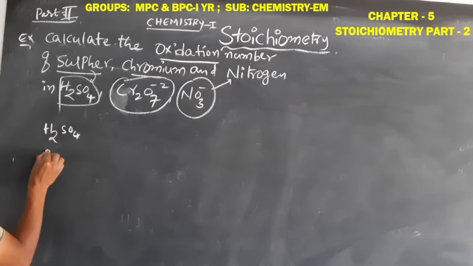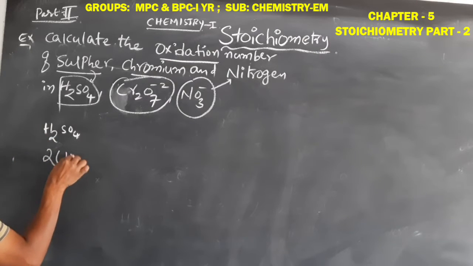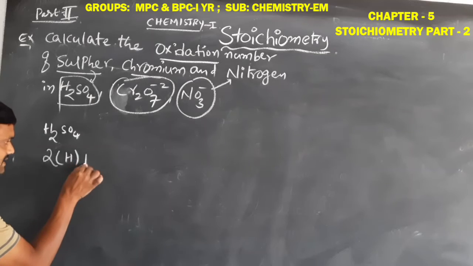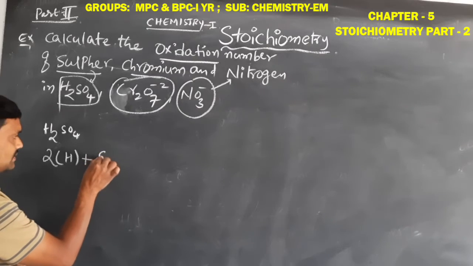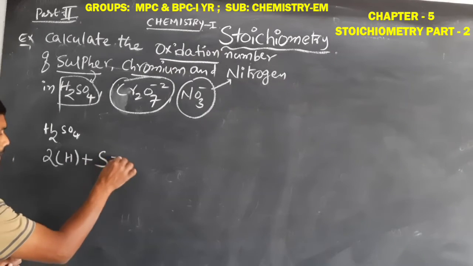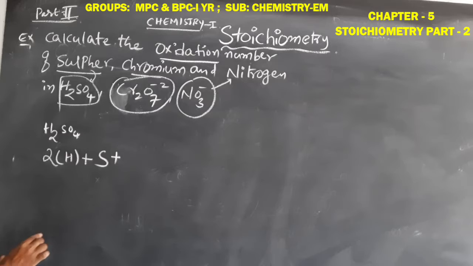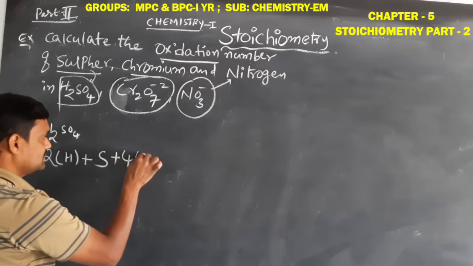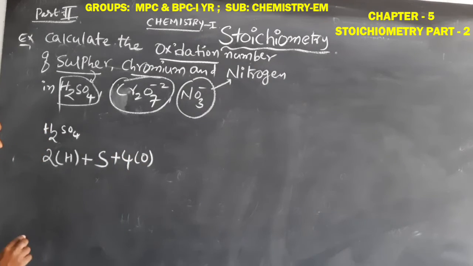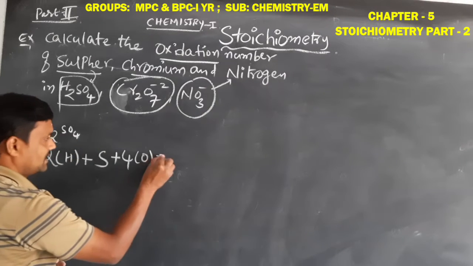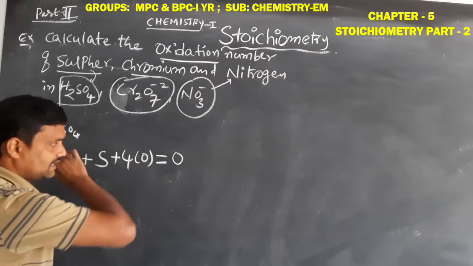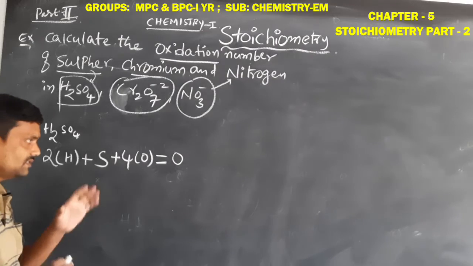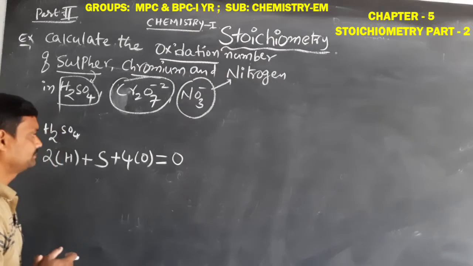How many hydrogens are present? 2 hydrogen atoms, plus 1 sulfur atom, plus 4 oxygen atoms. Okay students, for H2SO4 the sum of the oxidation numbers of all atoms equals the charge; here there is no charge, so it equals 0. This is the first step.